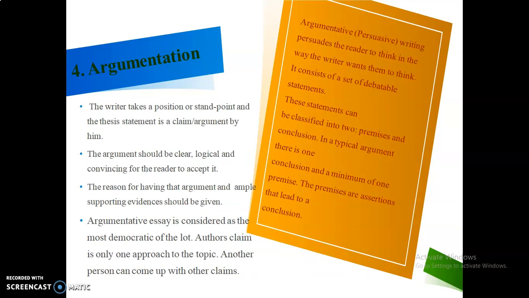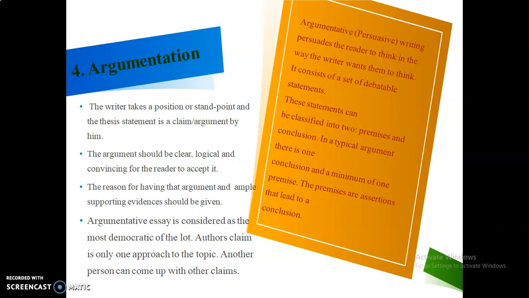Next one is argumentation. So you might have heard about argumentative essays or persuasive essays. Argumentative or persuasive writing persuades the reader to think in the way the writer wants them to think. Persuade means പ്രേരിപ്പിക്കുക.